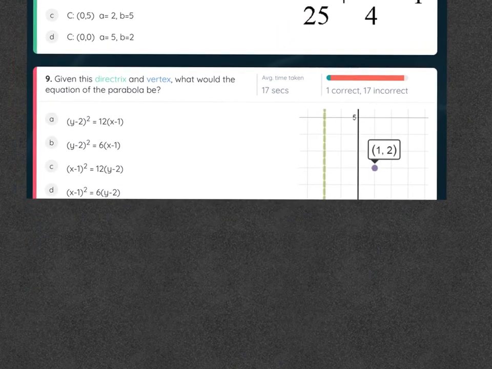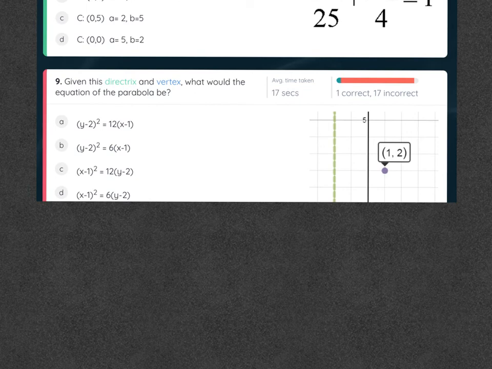Let's go to 9 first. Given the directrix and the vertex, what would the equation of the parabola be? If it's pointing to the right, it is a y squared, and it is a positive p. The distance between here is 3, so p is a positive 3. And the vertex is 1, 2.